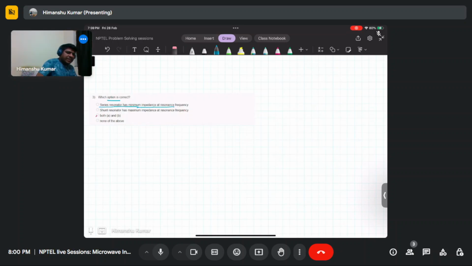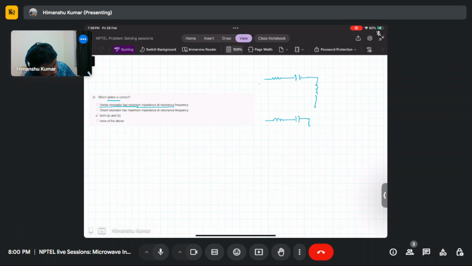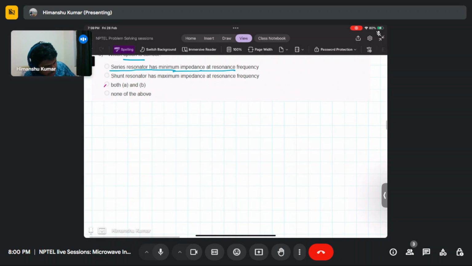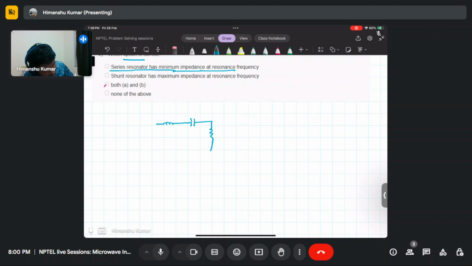So a series resonator you can write like this. This is your series RLC.